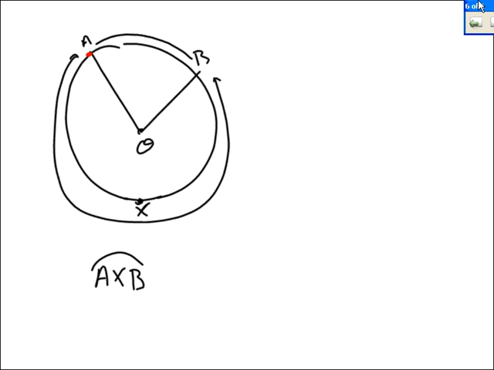The one that goes through A, X, and B. I guess we mean that arc, rather than saying major arc AB. I mean, we could say major arc AB, but that's a lot of writing.